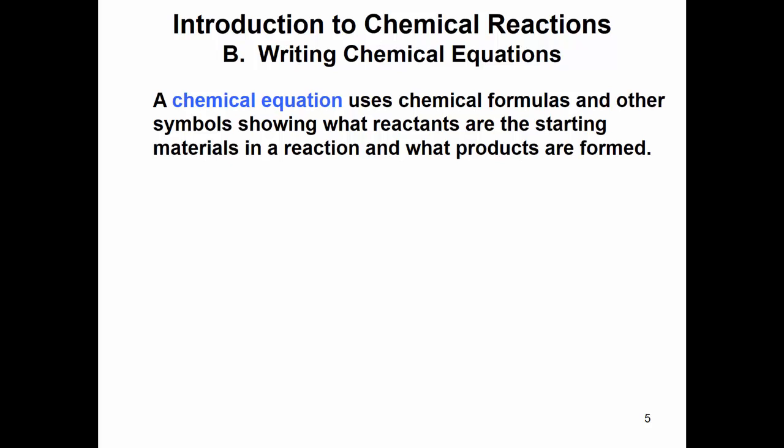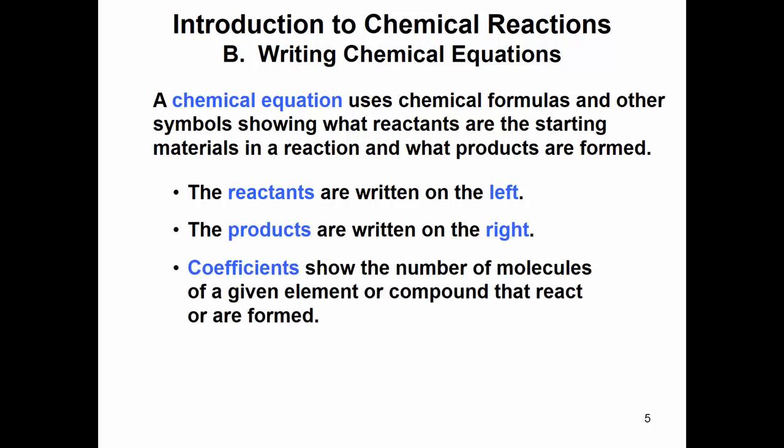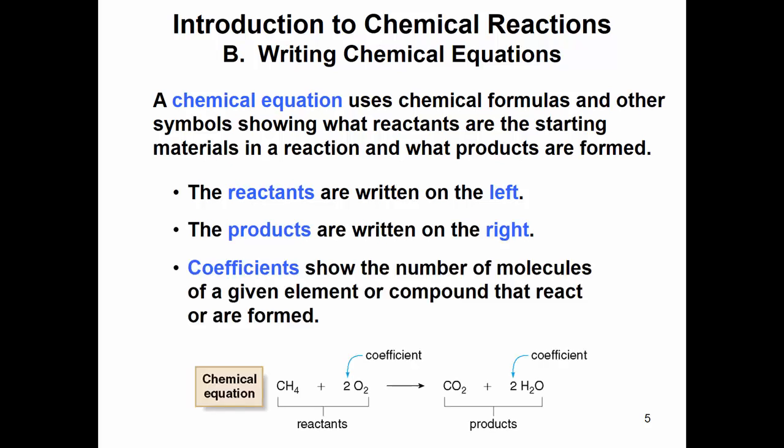A chemical equation is going to use chemical formulas like we've been learning to write. We've learned to name and to write formulas, and some other symbols that we're going to look at as well. Reactants are written on the left, and products are written on the right of your reaction arrow.